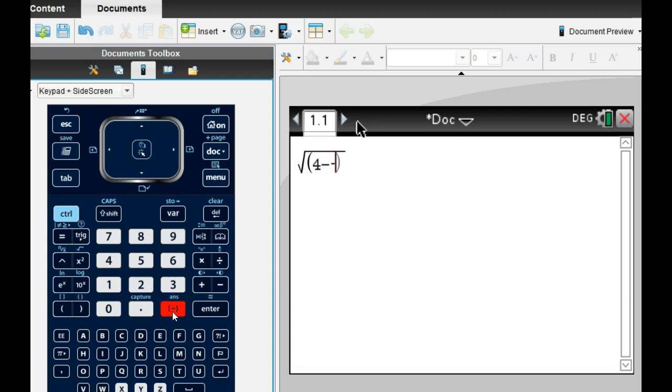So 4 minus negative 4, parentheses squared, and then plus parentheses 9 minus 3 squared. I would like for everybody to type it in just like that, hit enter, and make sure you get what I get. Because if you don't, you typed it in wrong, okay? So did you get 10?